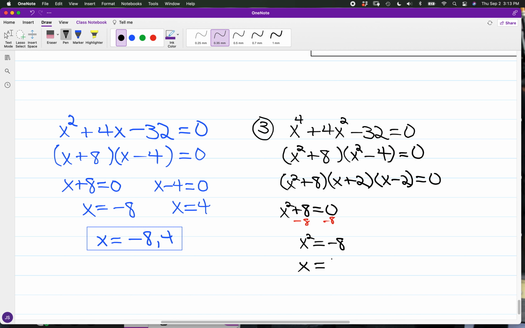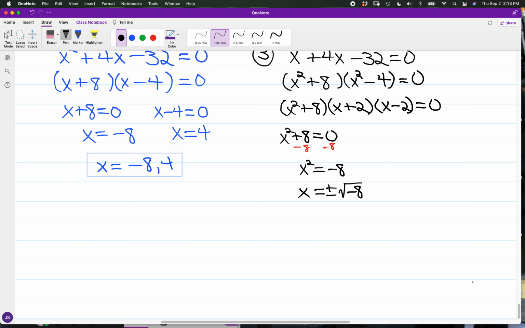And going from x squared to x, we have x equal to plus or minus the square root of negative 8. And just doing some gradual lowering here. So for the square root of negative 8, we have the square root of 8i. Now again, 8 is not a perfect square, but its square root can be reduced.